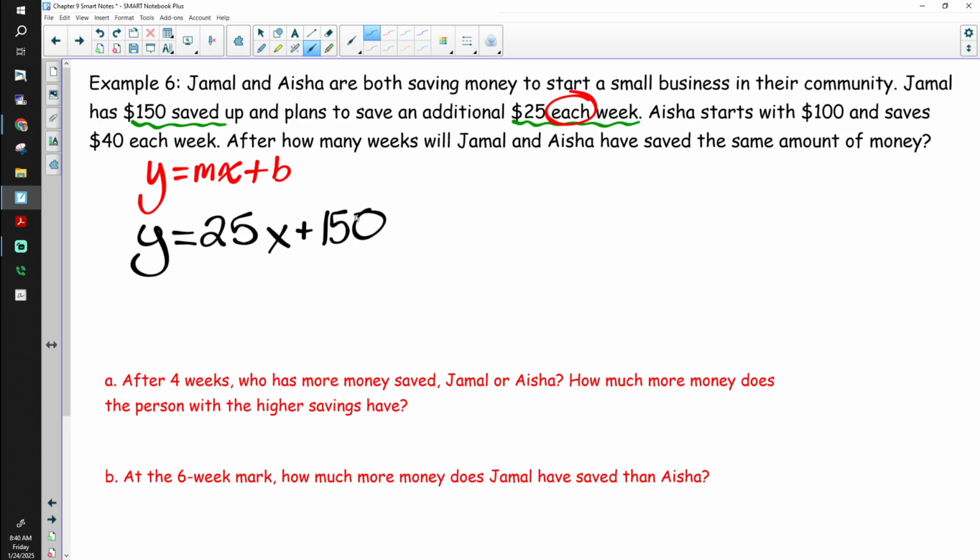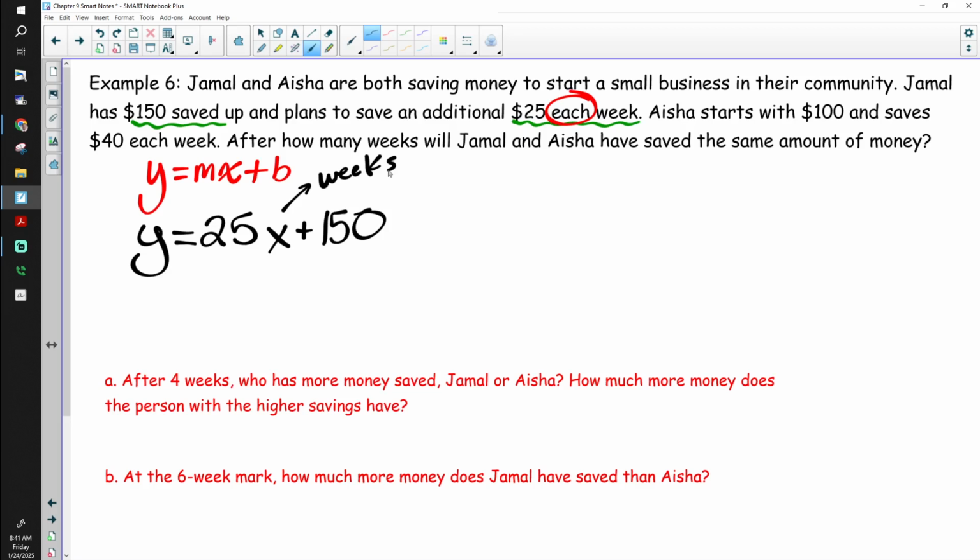Okay, so this is the tricky part. In this equation, what is x representing? $25 each, what? Week. x represents weeks.